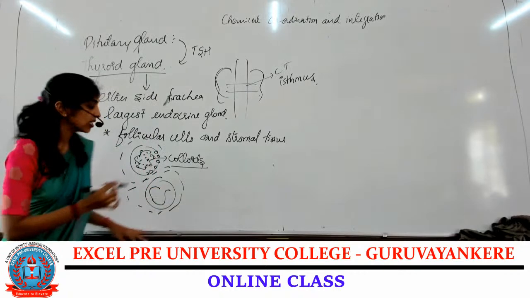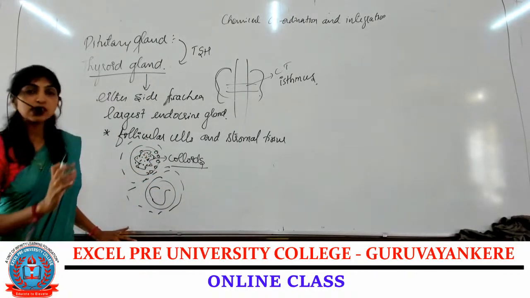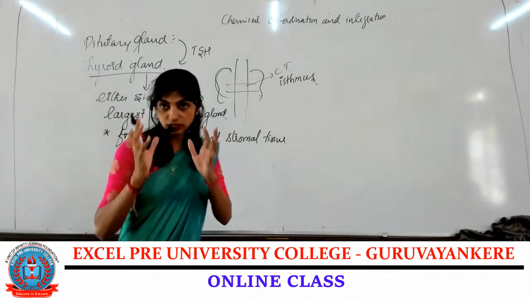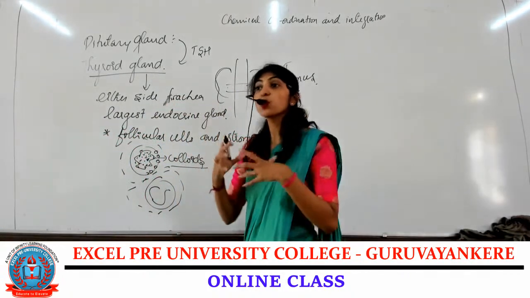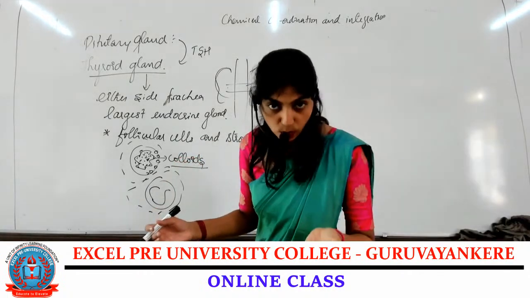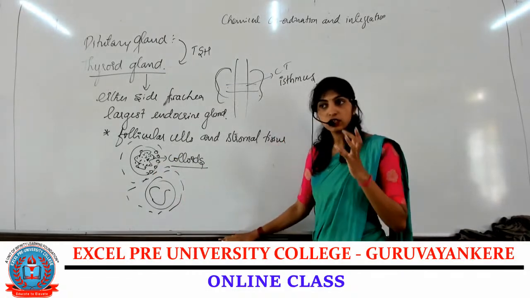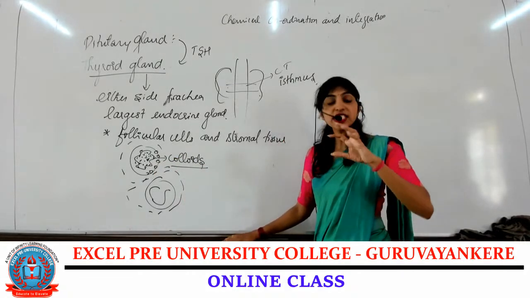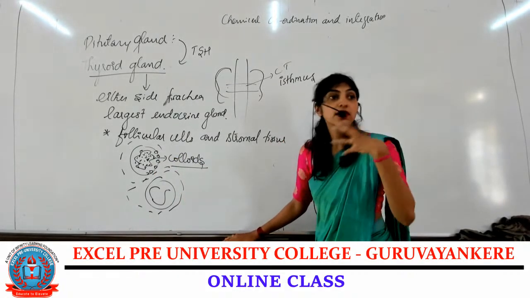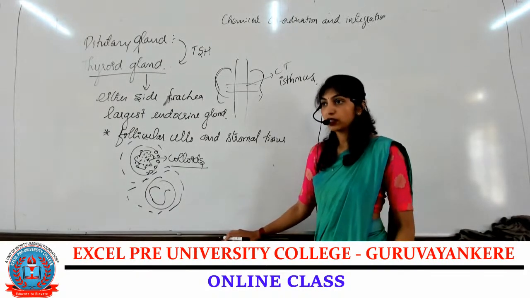In that colloids, the hormones which are secreted will be stored. Since it is the largest gland in the endocrine system, it stores a large number of hormones. Whenever the body requires the hormone, it will be released from the colloids.